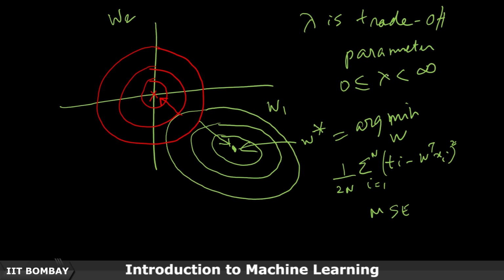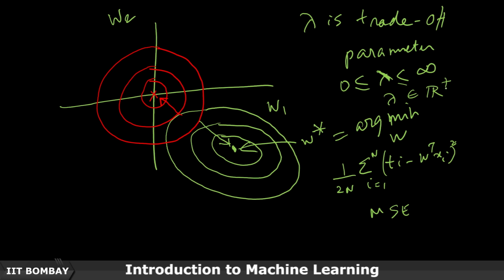Another way to say it is that lambda belongs to R plus. When lambda is 0, then we will get w star. When lambda is infinity, we will get w equal to 0, not just 0, the 0 vector. So the actual solution based on lambda will be somewhere in between.